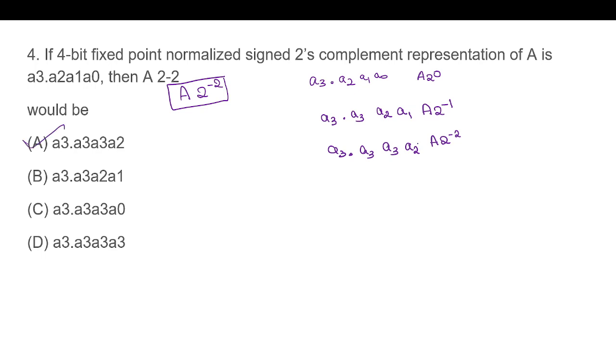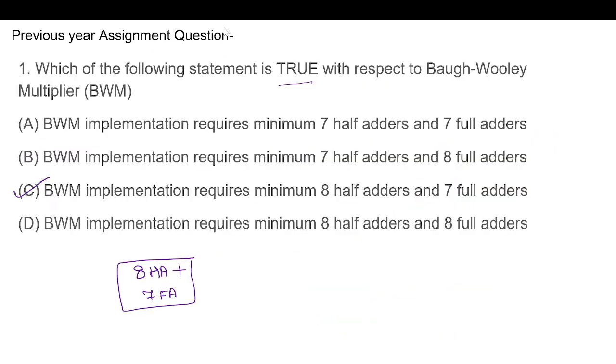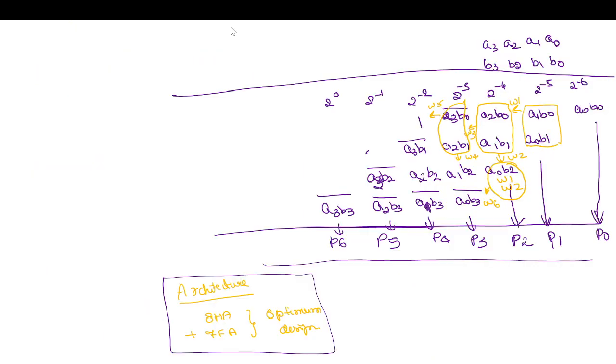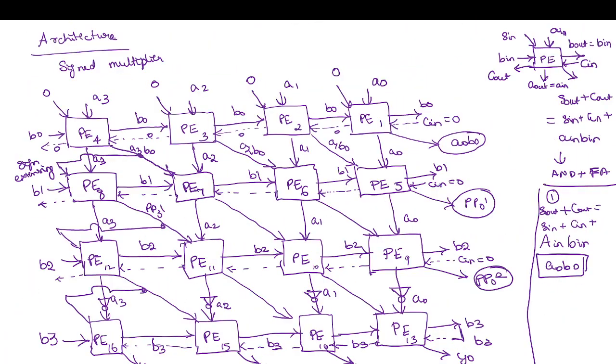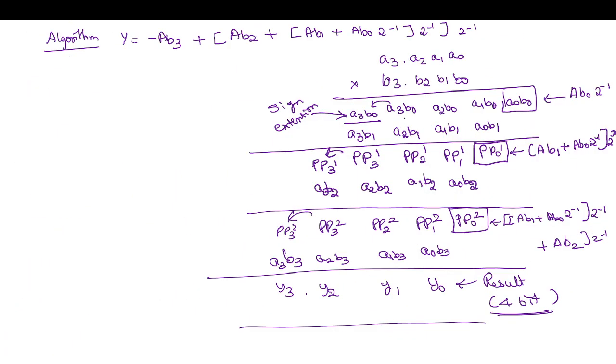Ma'am, how will A3 repeat? Yes, in the 2's complement, for the signed representation, we have seen the sign extension. We were performing it in the previous slide also. Here, when we want to multiply by 2 to the power minus 1, we will drop till this one and then this bit we will sign extend.